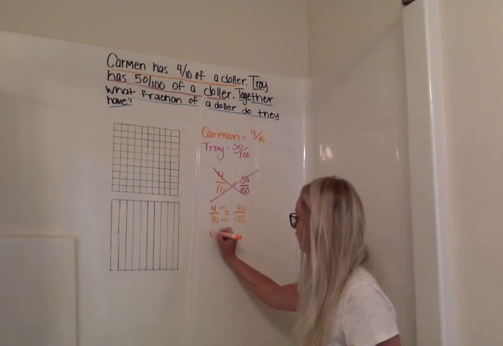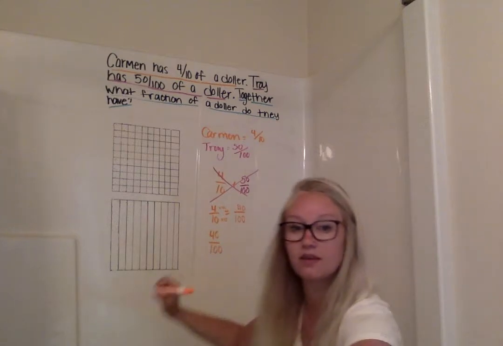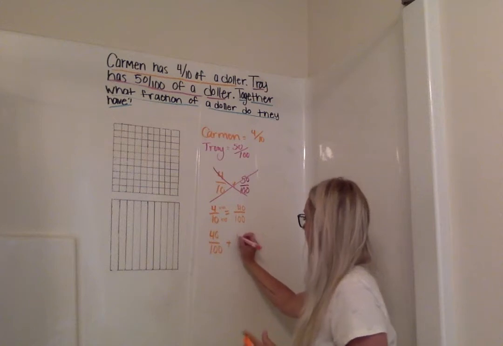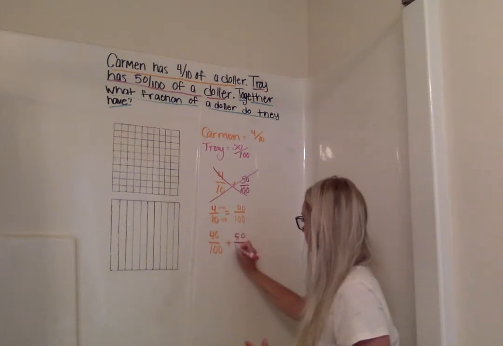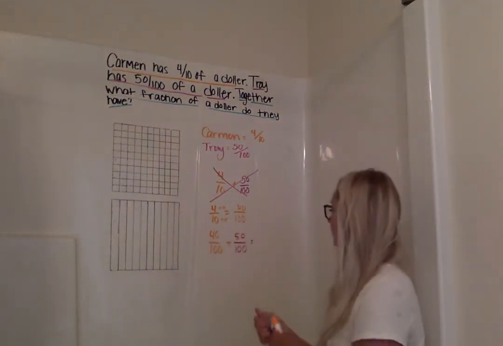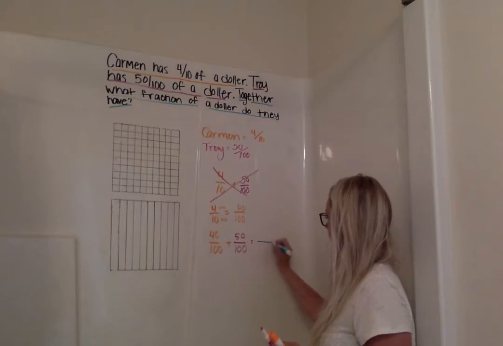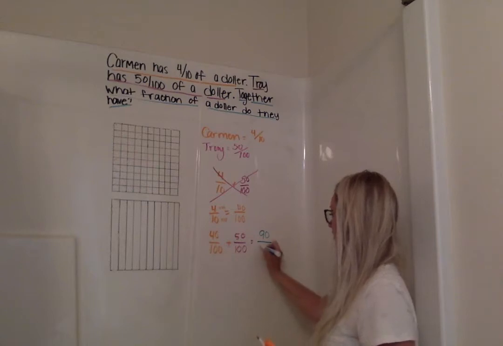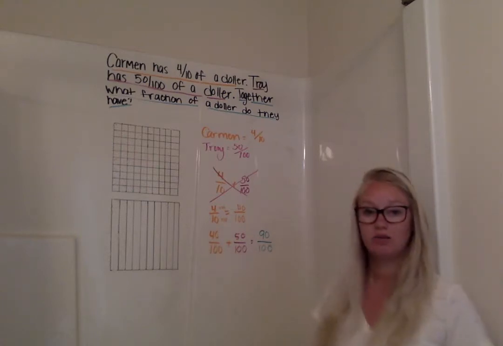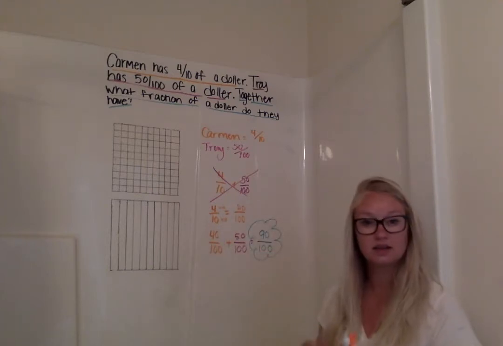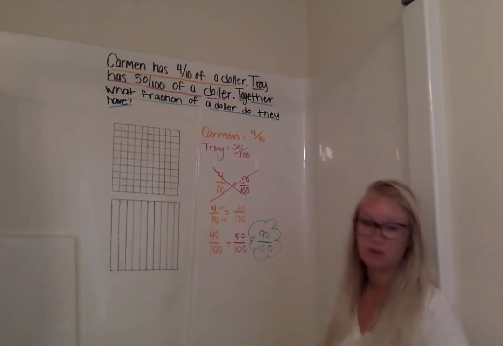So if I add 40/100 plus Troy's 50/100, we know that we get 40 plus 50 is 90, and we carry our denominator across the bottom because it stays the same. We know that they have 90/100 of a dollar.